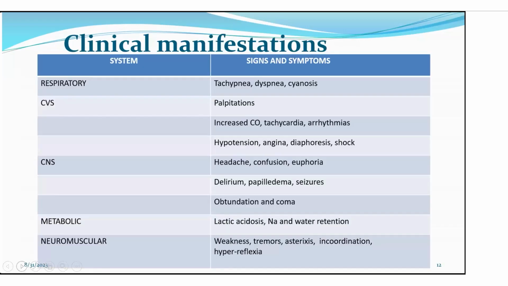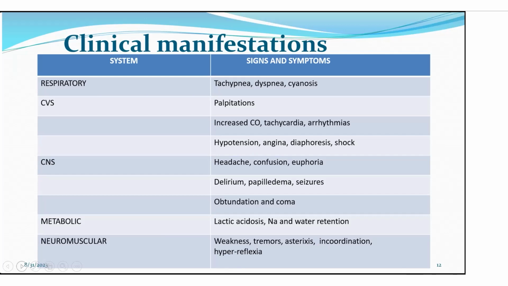The clinical manifestations, as we look at the systems, when you look at the whole system: in the respiratory system, most of the signs that we get are tachypnea, dyspnea, and cyanosis. In the cardiovascular system, we get palpitations, increased CO, tachycardia, arrhythmias. You may get even hypotension, angina, diaphoresis, and even shock.